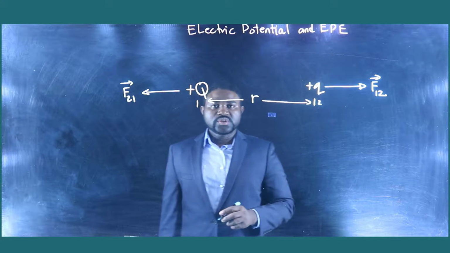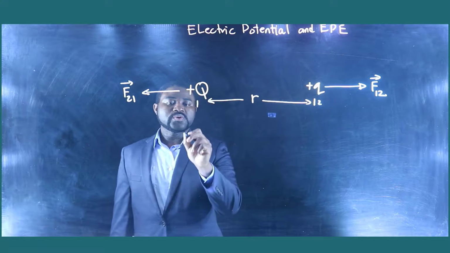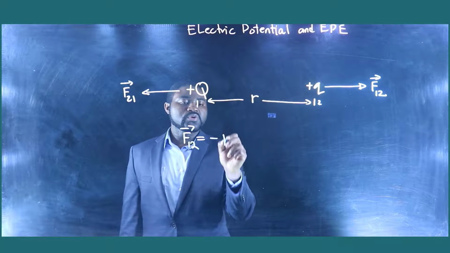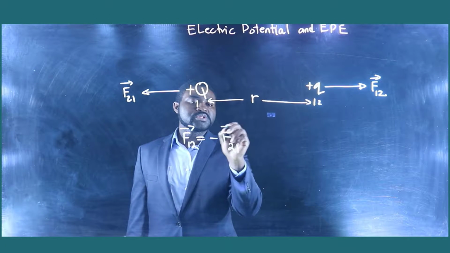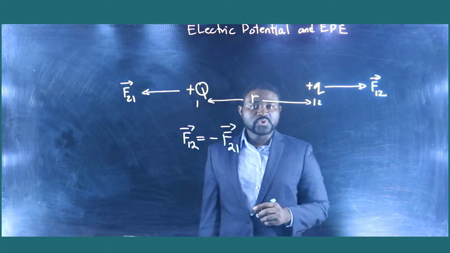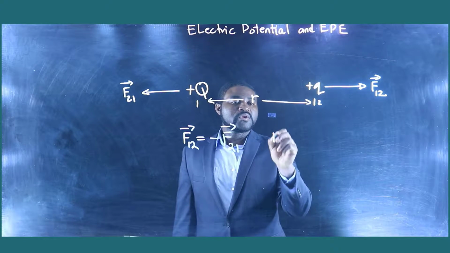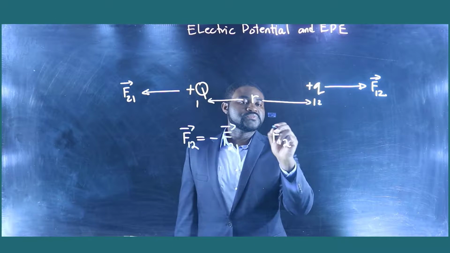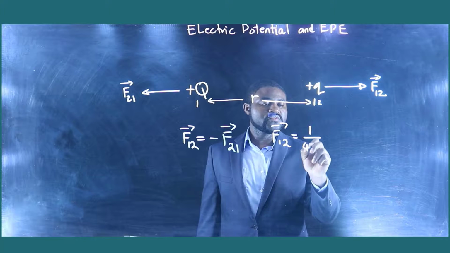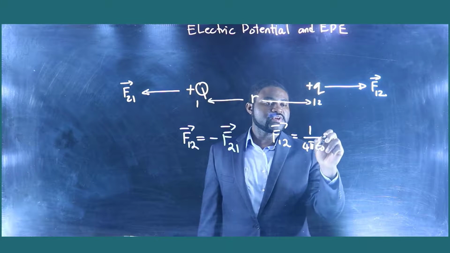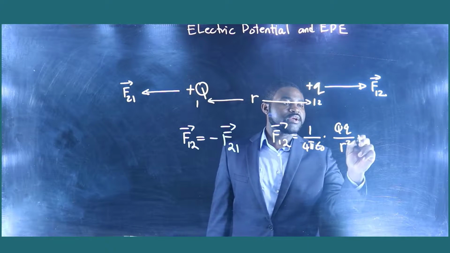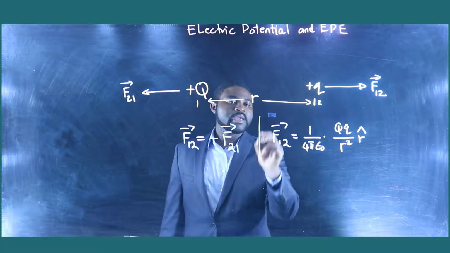By Newton's third law of motion, we know that the force that charge 1 exerts on 2 is equal but opposite to the force that 2 exerts on 1. Now, from Coulomb's law, F12 is equal to 1 over 4 pi epsilon naught Qq over r squared r cap.